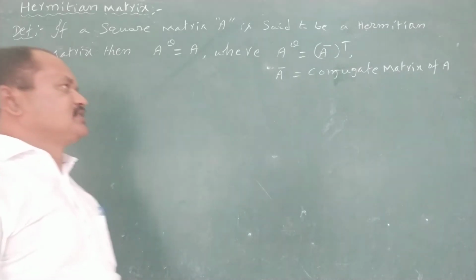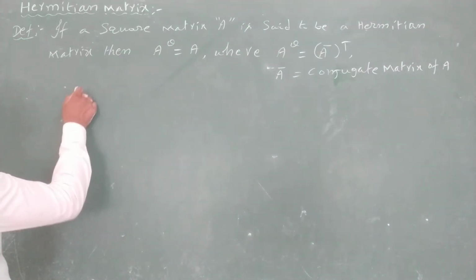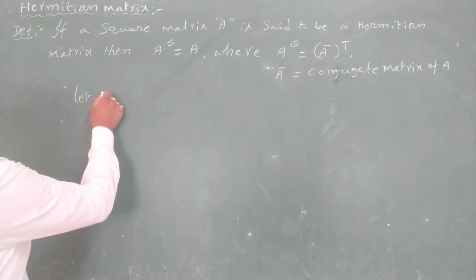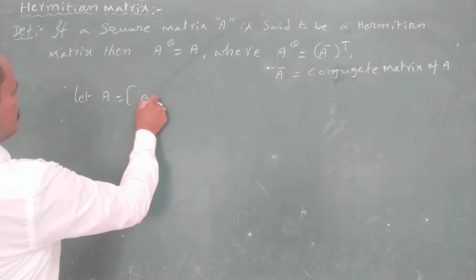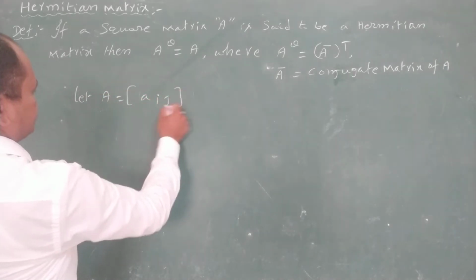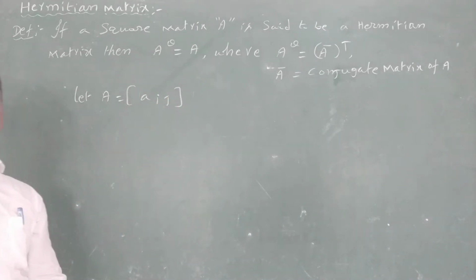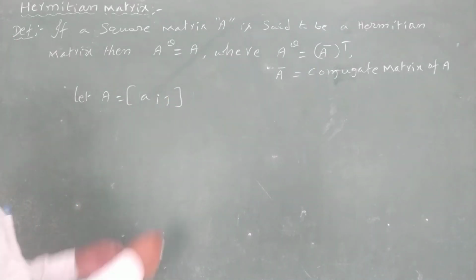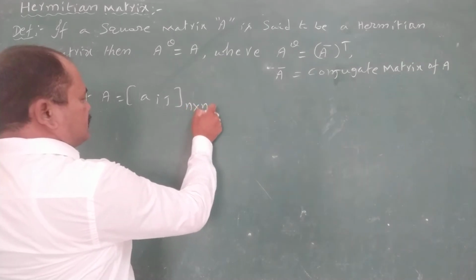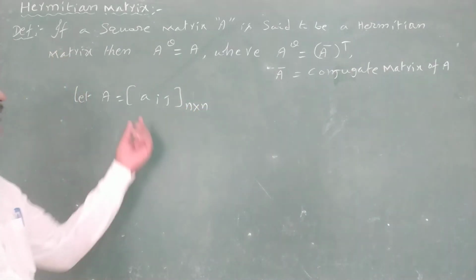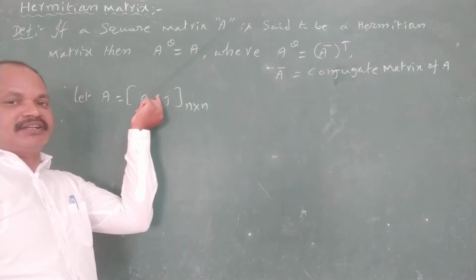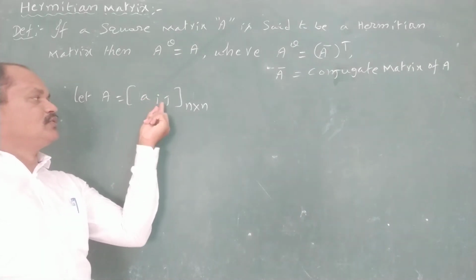So this can also be represented as follows. Let capital A is equal to Aij. This is the representation of a matrix of order n by n, that means a square matrix. Aij is the element in the ith row, jth column.